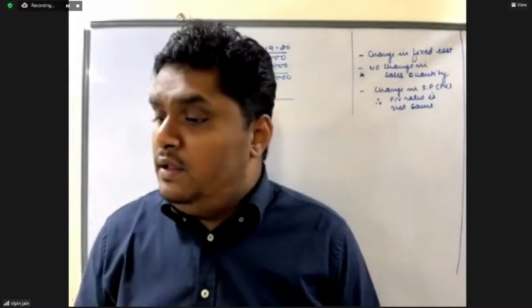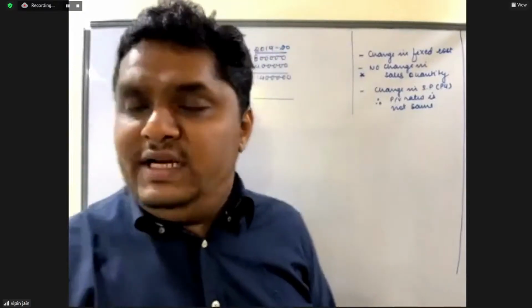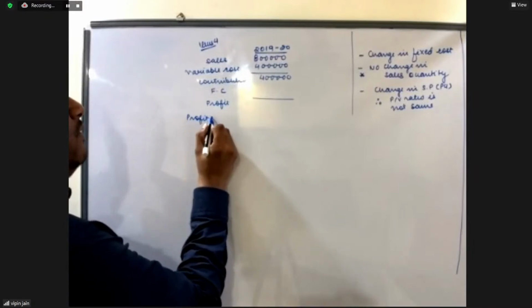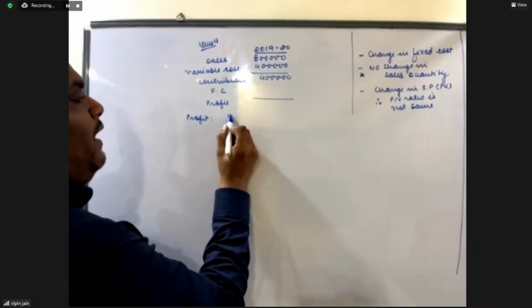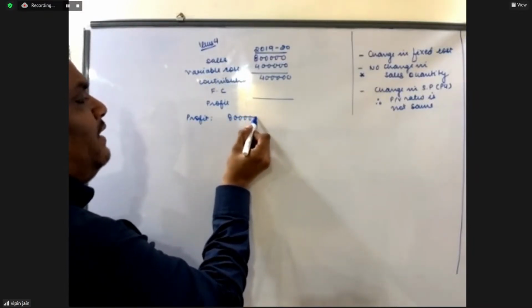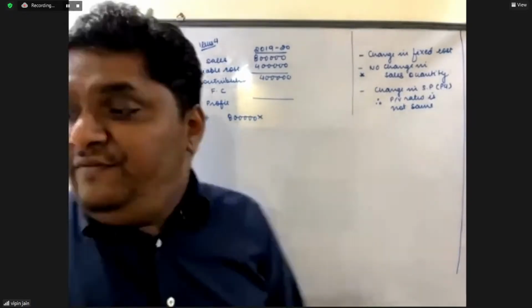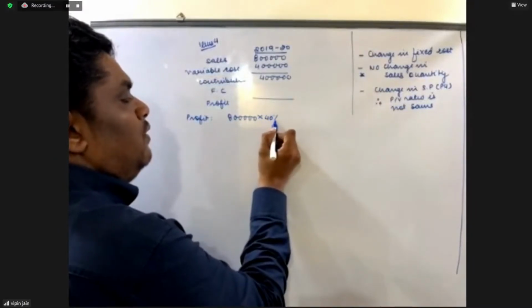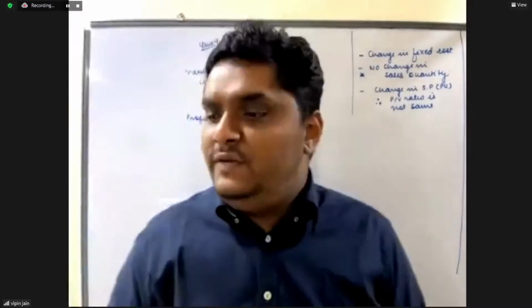Further, herein, the margin of safety sales is given, that is 40%. So we can easily calculate the profit, wherein my sales is 8 lakh, my margin of safety sales is 40%. So 4 lakh will be my margin of safety sales.